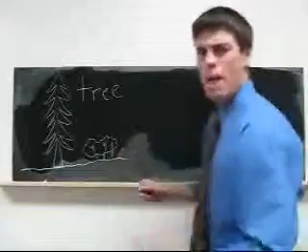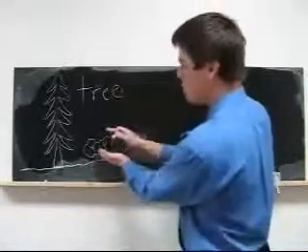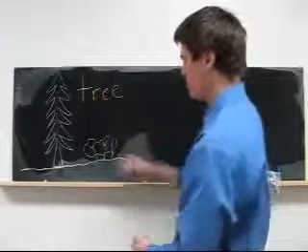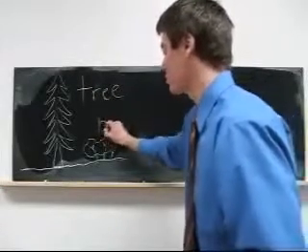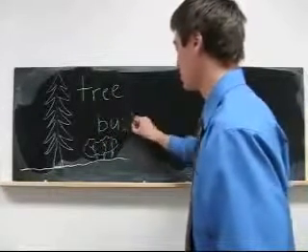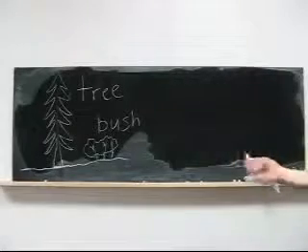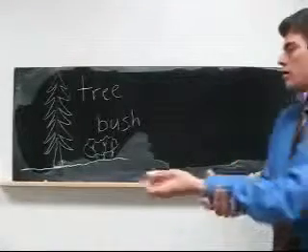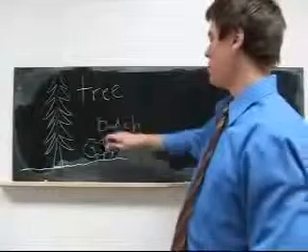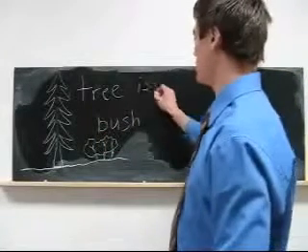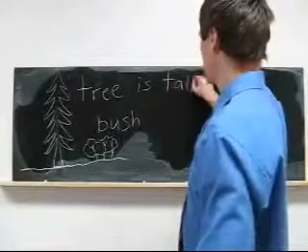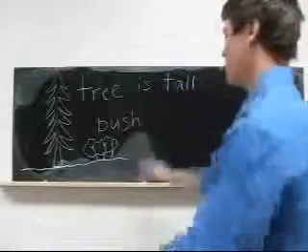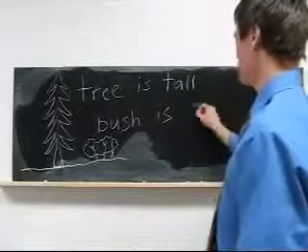A bush. A bush is a small tree. A small tree. Bush. A bush. So the tree is tall, and the bush is short.